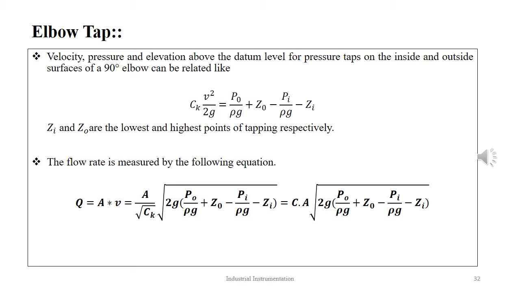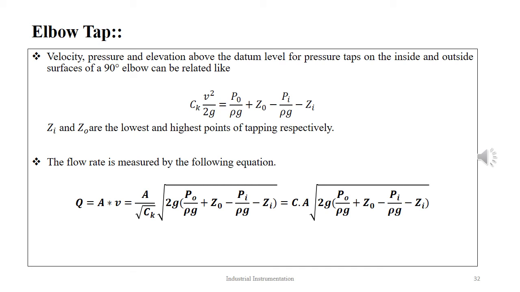Velocity, pressure and elevation above the datum level for the pressure taps on the inside and outside surface of a 90-degree elbow can be related like Ck V square by 2g equal to P0 by rho g plus Z0 minus Pi by rho g minus Zi, where Zi and Z0 are the lowest and the highest points of tapping respectively.